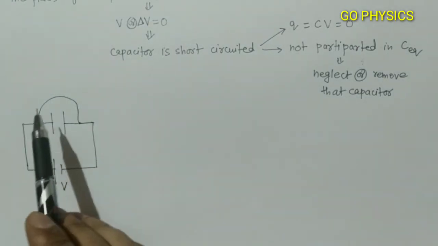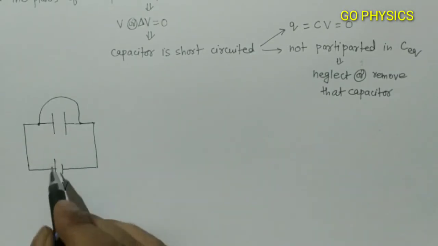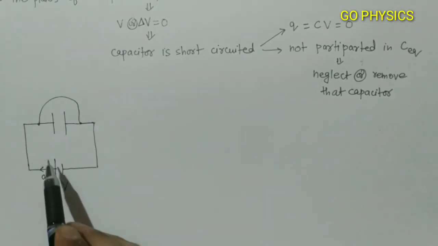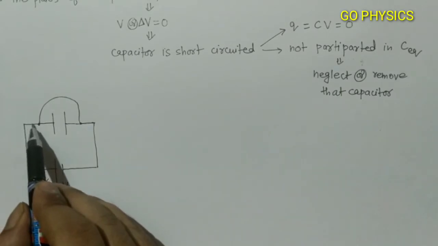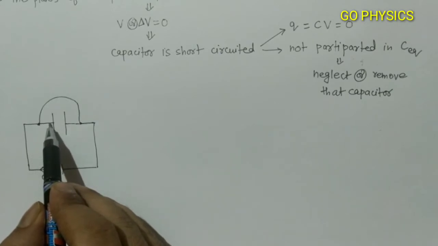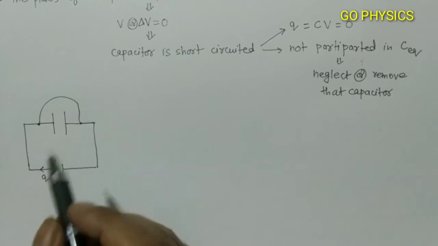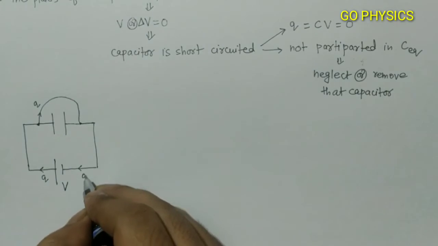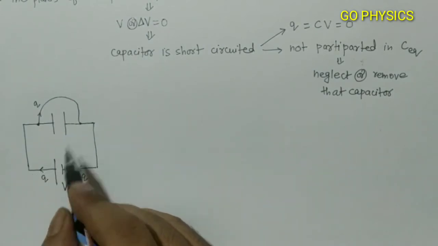Now what will happen when the battery sends charge? All charge will flow from this end, and whatever charge is supplied by the battery, the same charge comes back to the battery.